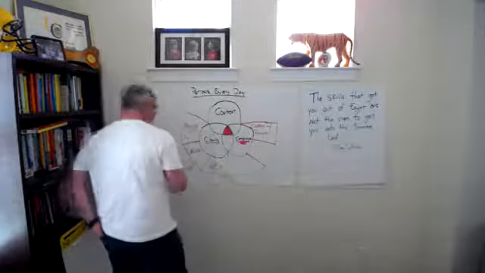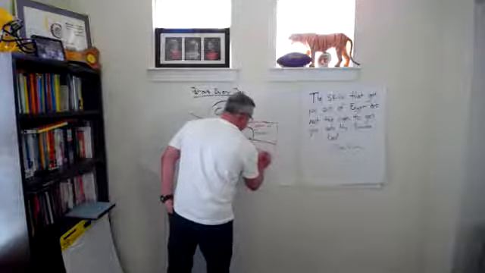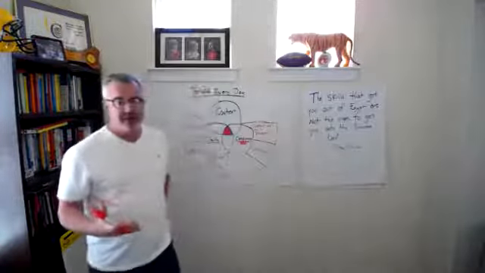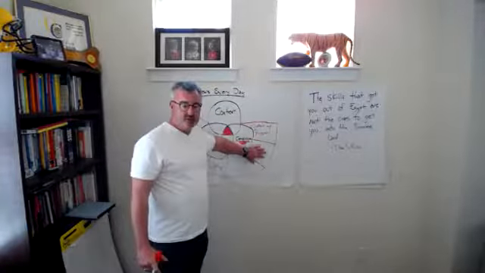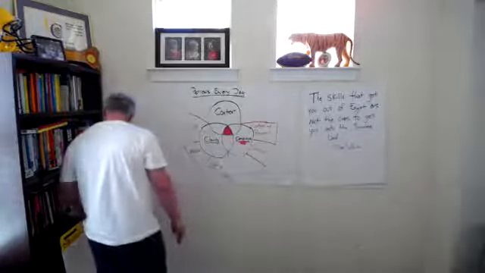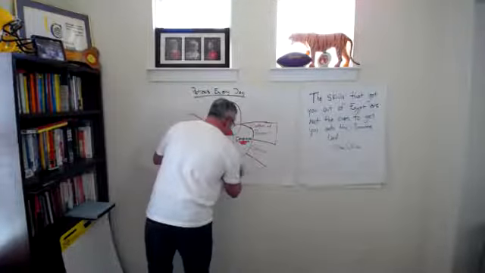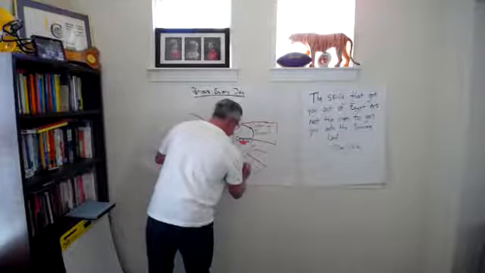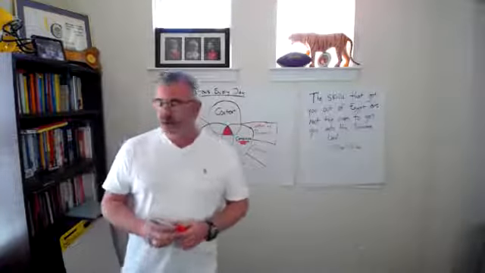Next, we want them to consume our message. So first we're going to get contact, next we have to have them consume, and then the last thing is that we want them to convert. We want to have conversion. We need to have a conversion event.